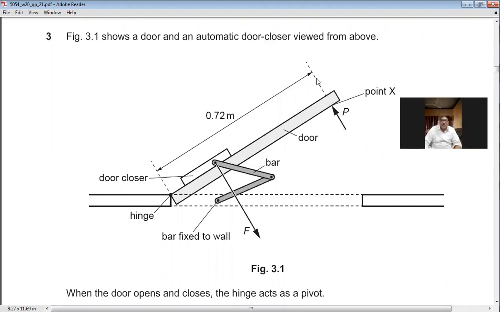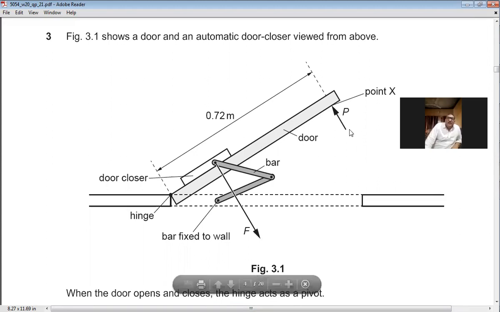So here you have the force F, the hinge or the pivot is here. So this is the force, this is the line of action of this force. Its perpendicular distance from the pivot, or the moment arm, is 0.72 meter. Another force F is acting here, and the length of the F is larger, it means the F force is larger.